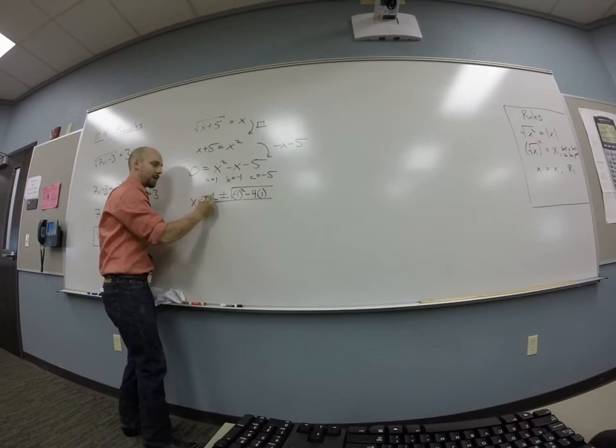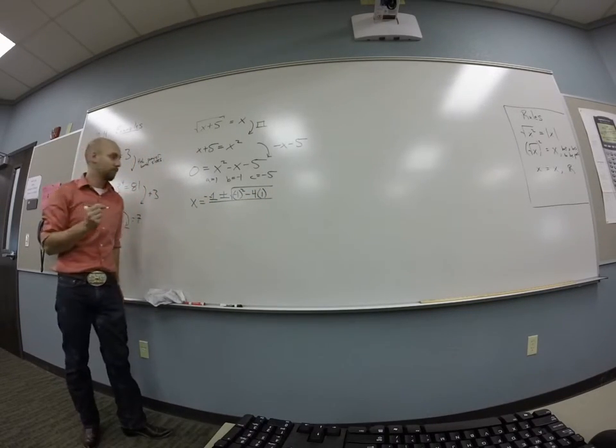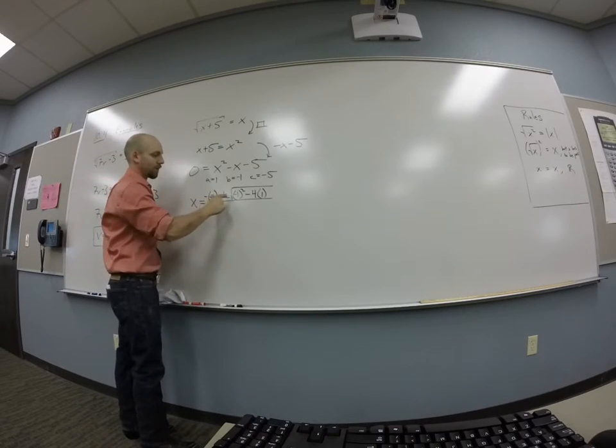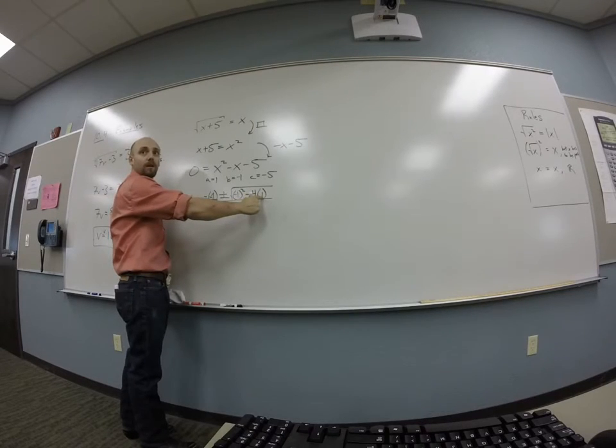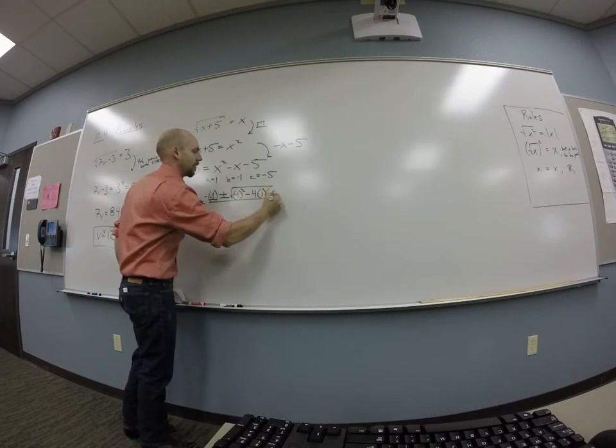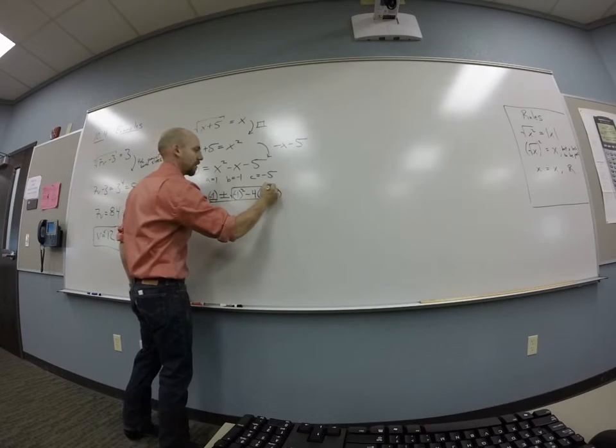Yeah, so I've got minus negative 1, right? Plus or minus negative 1 squared minus 4 times 1 times negative 5.